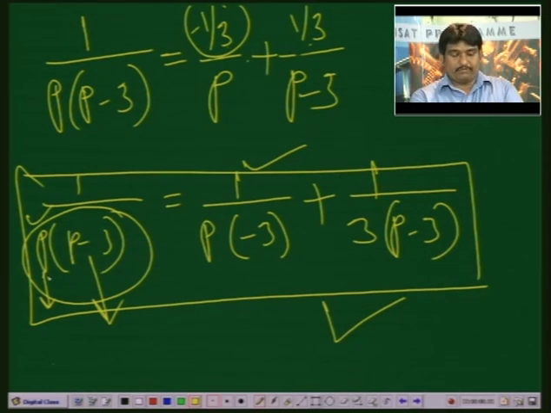Of course, equate the first factor to 0 and substitute that value everywhere except from the factor it is obtained. Equate the second factor to 0, substitute that value of p everywhere except from which it is obtained, to get the partial fractions of that proper fraction.